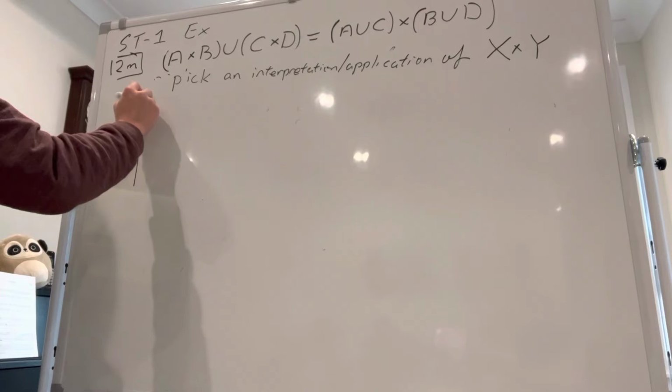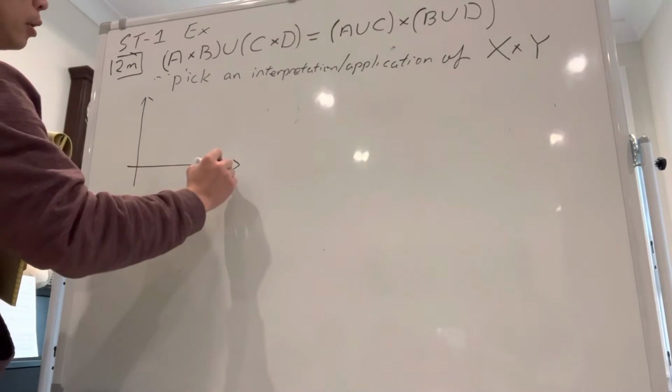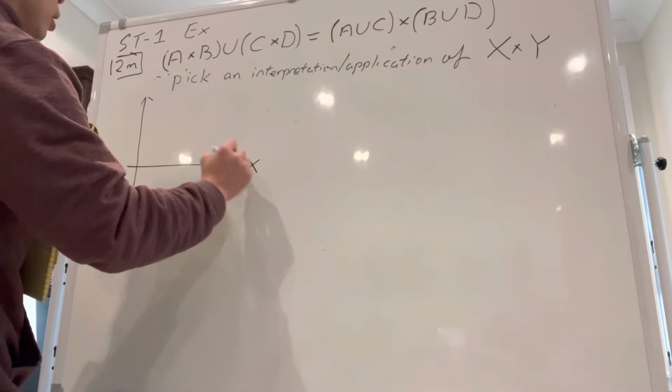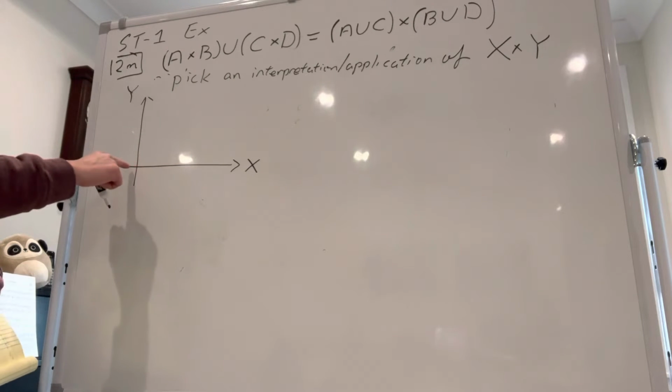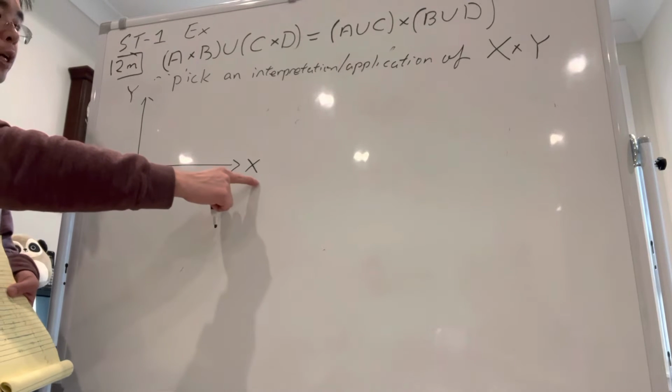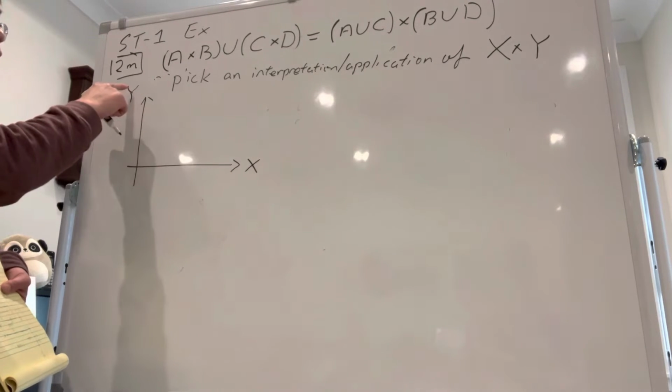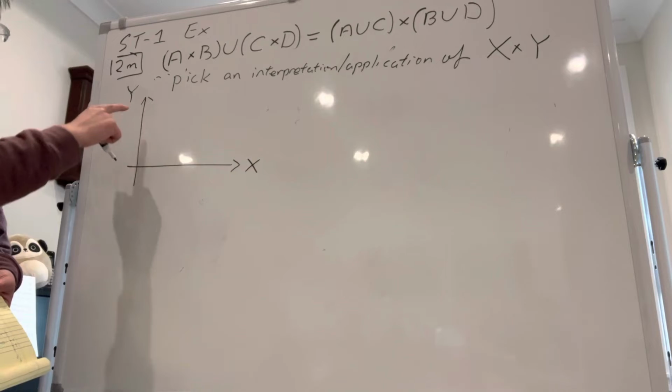I think I briefly talked about it in the first class. One of the ways that people commonly explain what a Cartesian product is: there's a horizontal line called the x-axis, and then there's a vertical line called the y-axis.